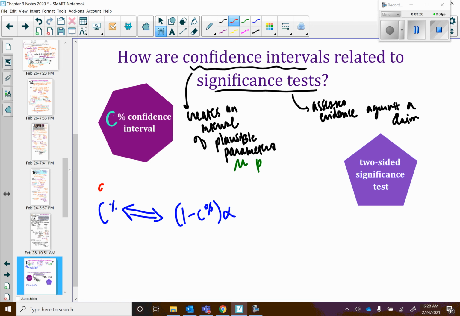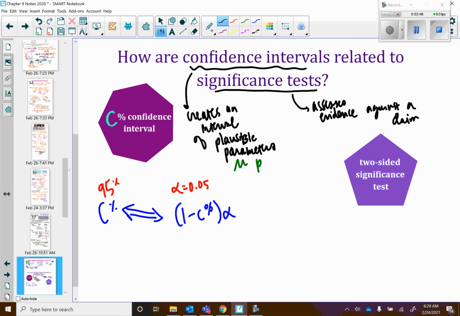So if I have a 95% confidence interval, I would pick a 0.05 significance level, and those two inference methods, while they wouldn't give you the same answer, right? A confidence interval actually gives you an interval. A significance test just says we reject or fail to reject, but they would give the same conclusion, which I'll show you in a moment.